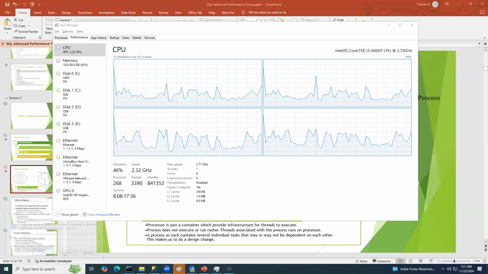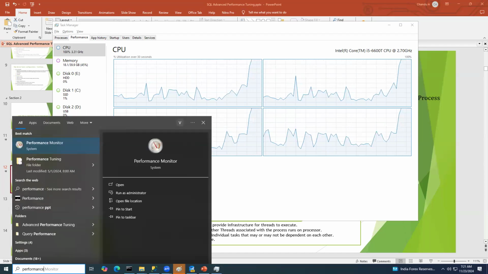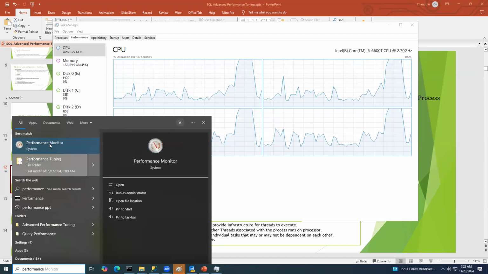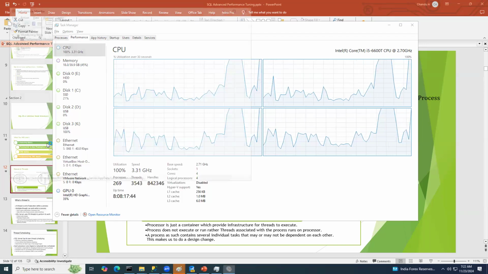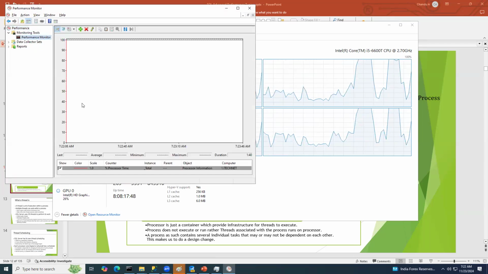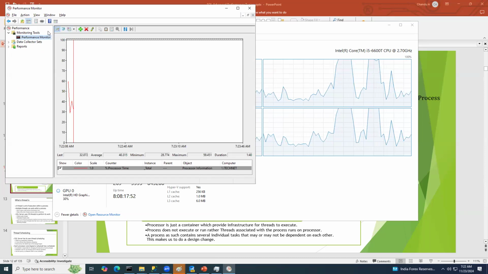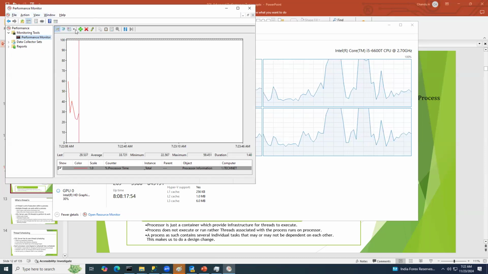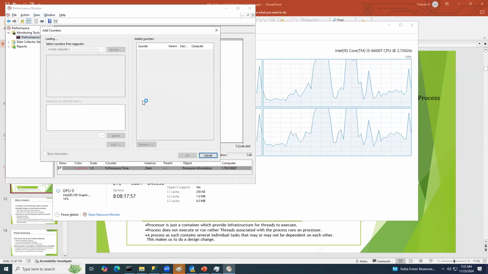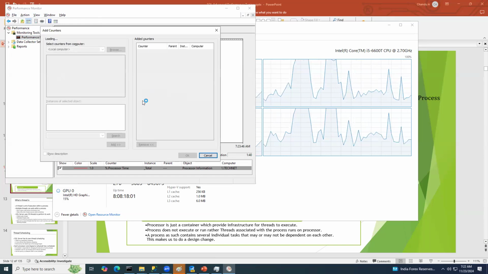In simple terminology, let's say you go to Performance Monitor. I don't know whether you have used it or not, I'll just show you this. Don't worry about what this tool is. This is the inbuilt monitor tool where we can track some of the performance counters.